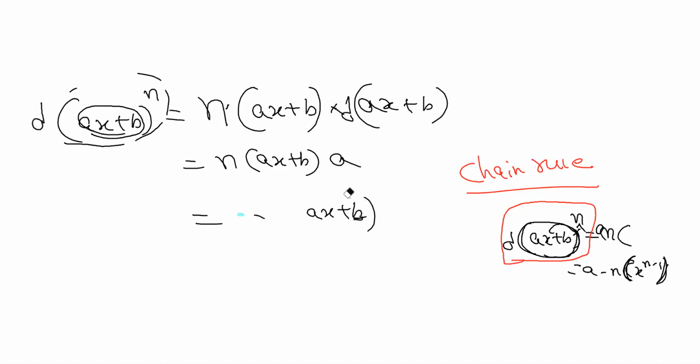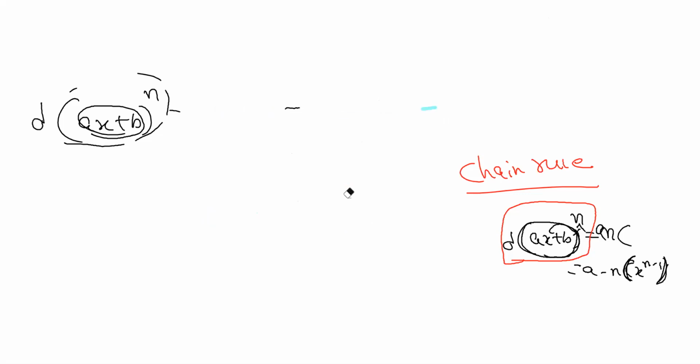In general, you're thinking about how this chain rule got its name. What you're taking is, this total is one function. You are considering the inside function as u, then it becomes u to the power n.